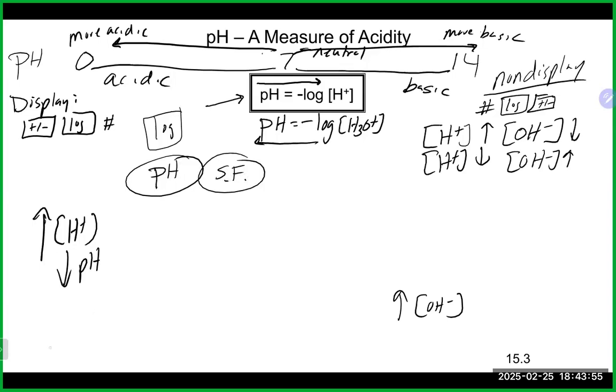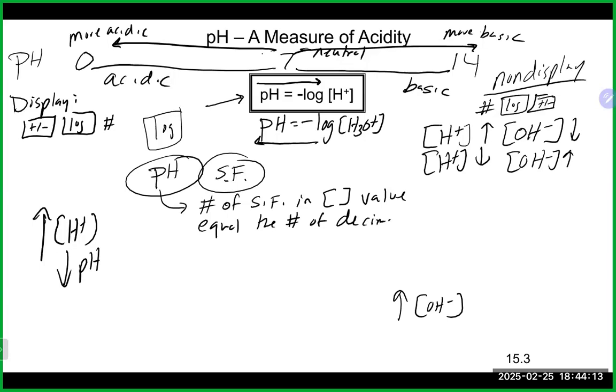When you calculate a value like pH or a similar type of value, the number of significant figures in the concentration value will equal the number of decimal places you take the pH to.